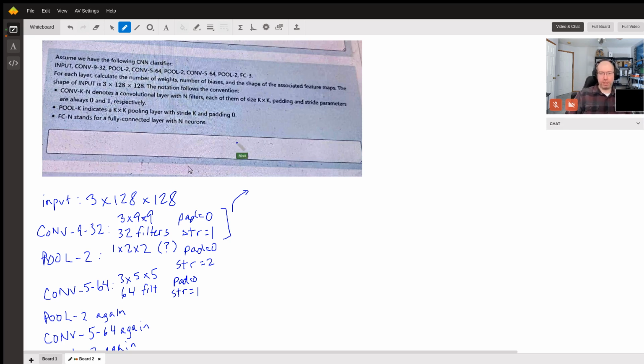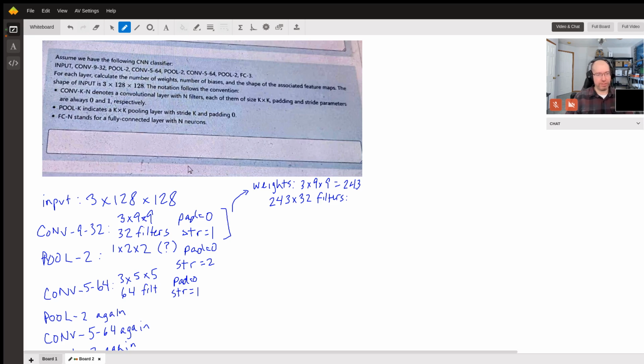So let's see, for weights, you multiply out your 3 times 9 times 9, and then your 243 you multiply by, you have 32 filters. So that would be 243 times 32.